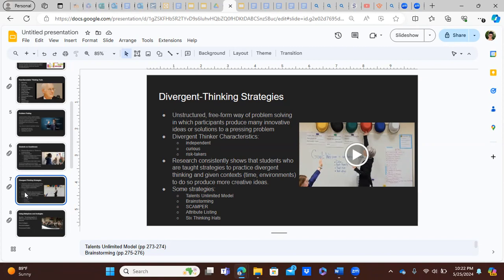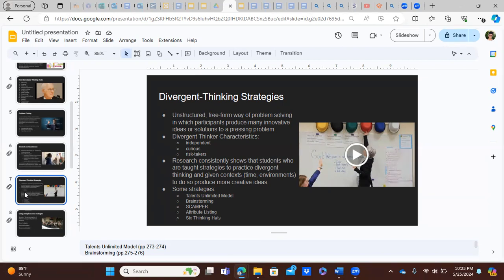As for divergent thinker characteristics, all research is salient in these three characteristics: independent, curious, risk taker. So divergent thinkers have those three things in common. They're independent, they're curious, and they're risk takers.